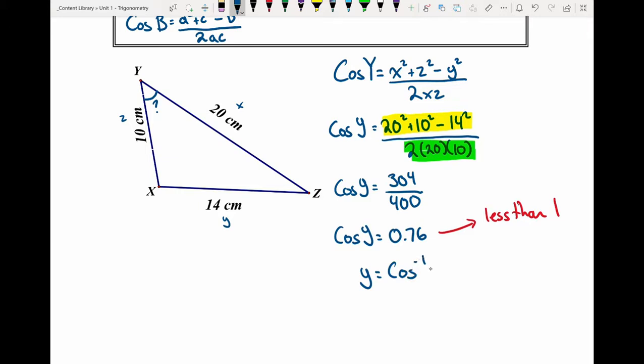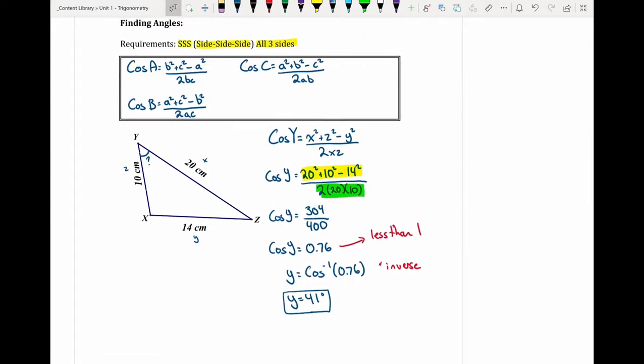Cosine negative 1, 0.76. Second function, inverse, remember that? And on our calculator, we just calculate that. And we get y is equal to about 40. That means that angle y is 40 degrees.